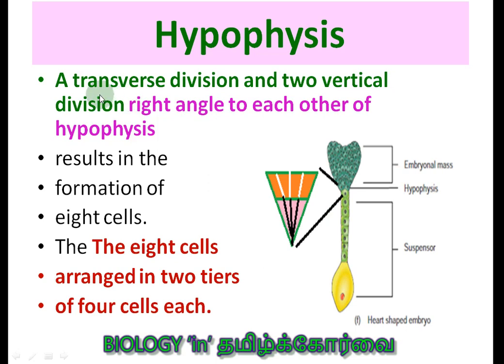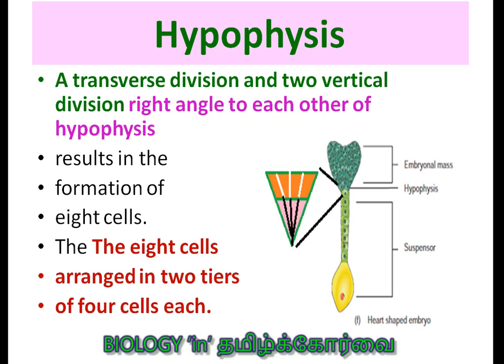Let us see. One transverse division, two vertical divisions. Because of the transverse division, the cell becomes two layered, it means two tiered. One is the upper tier and another is the lower tier. Then two vertical divisions. So in total how many divisions take place? Three divisions.